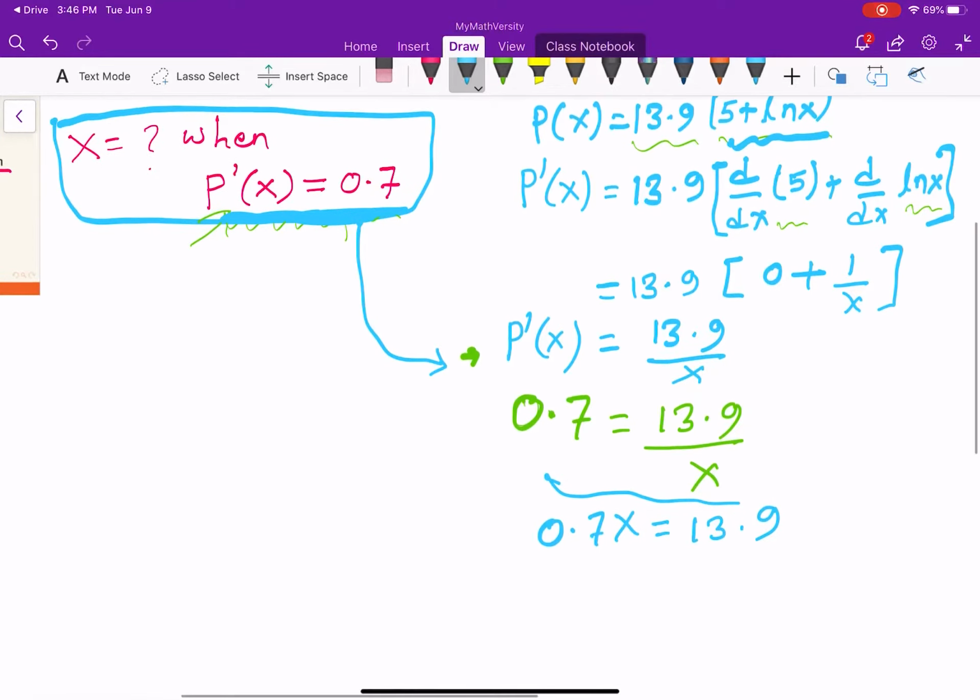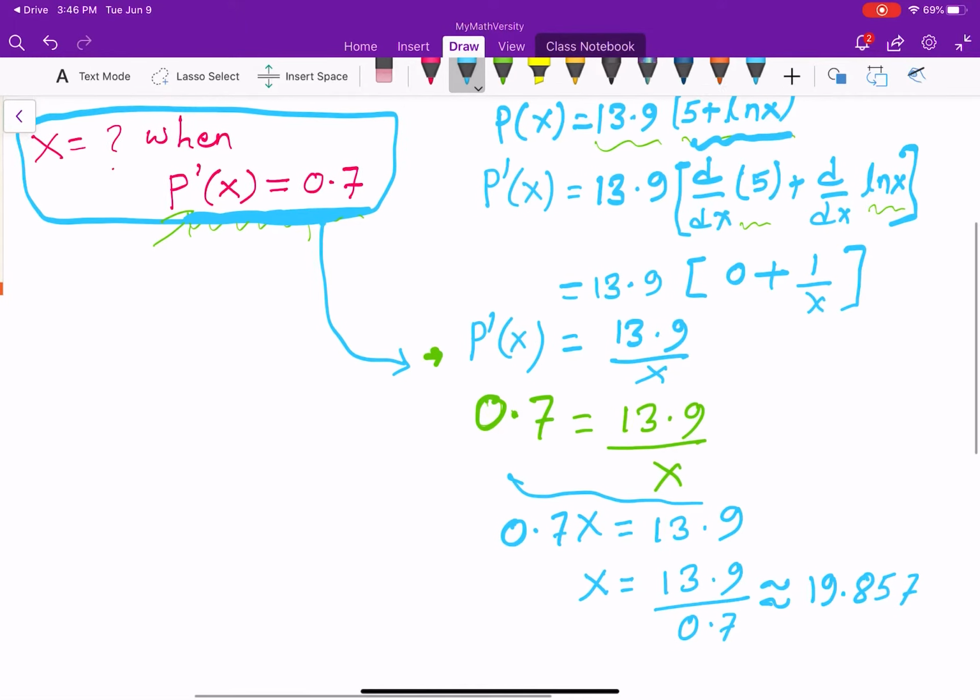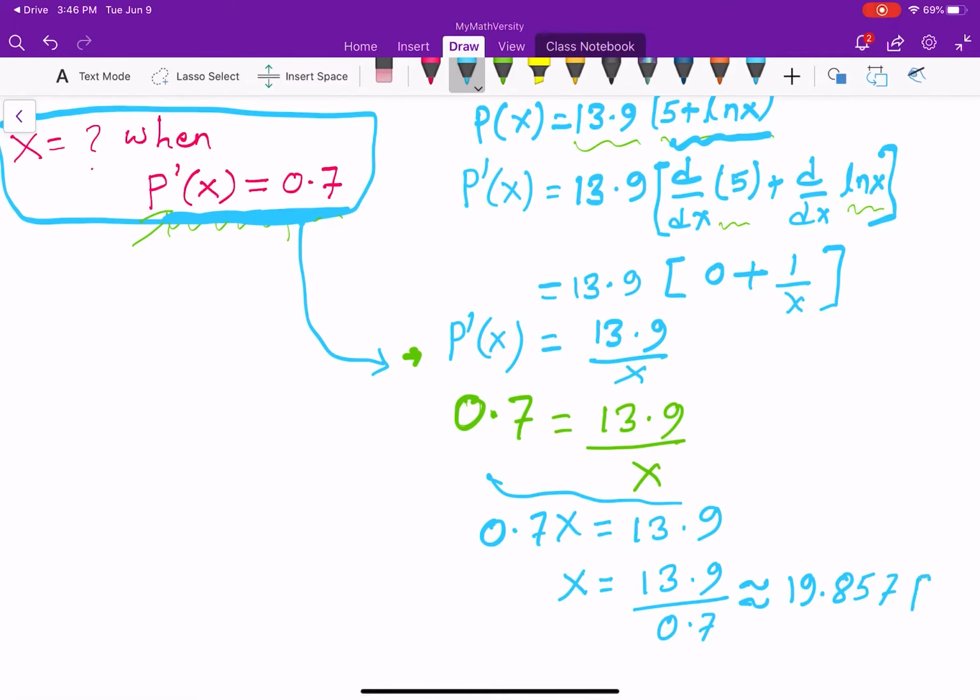This is now a linear equation, so we just divide both sides by 0.7. We get x equals 13.9 divided by 0.7, which is approximately 19.857. And the unit of the weight was pounds, so we write this as the required answer.